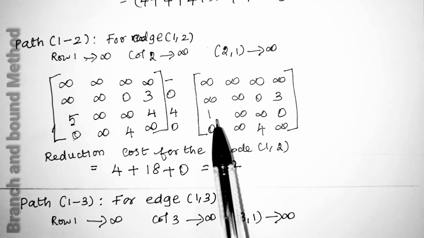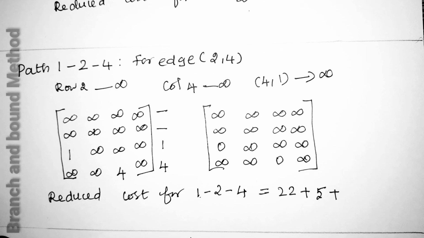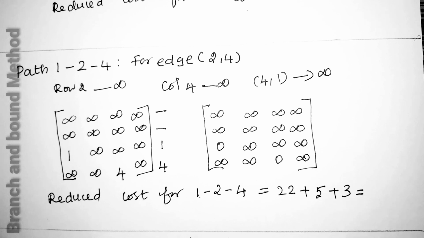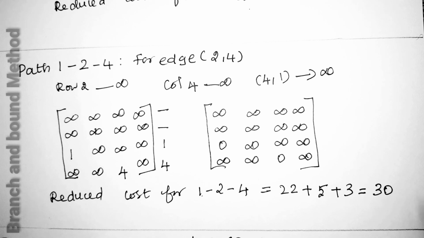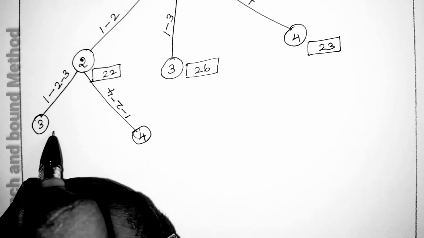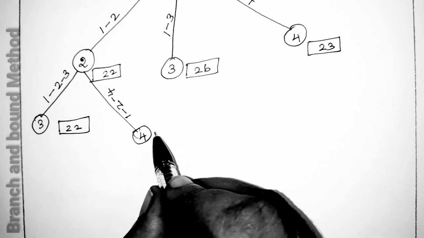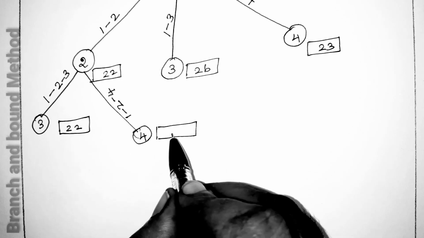The node 2, 4 is 3. So you write 3 here. So the value is 30. The reduced cost for this path is 30. For node 3, the cost is 22. For node 4, the cost is 30.